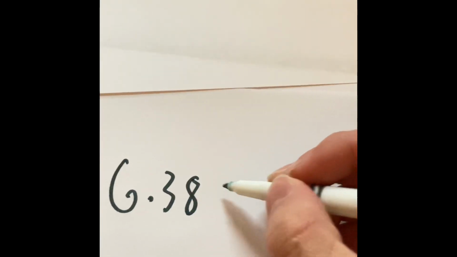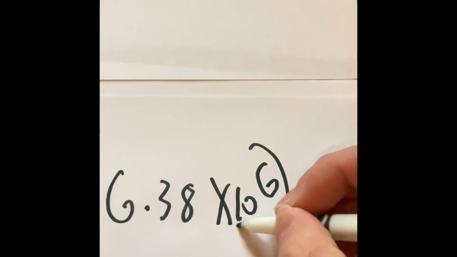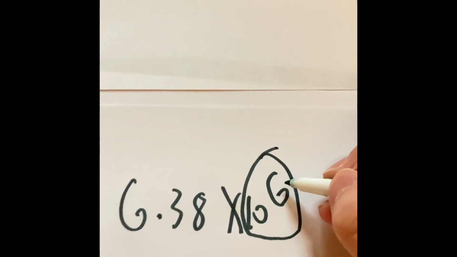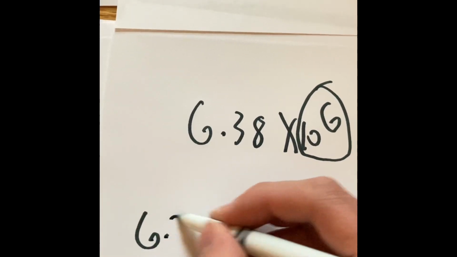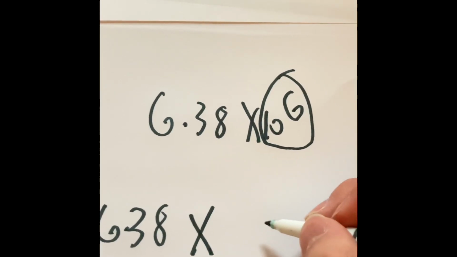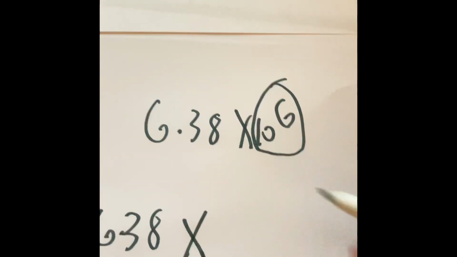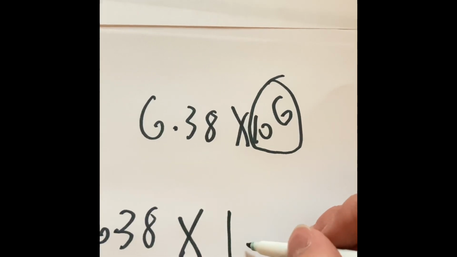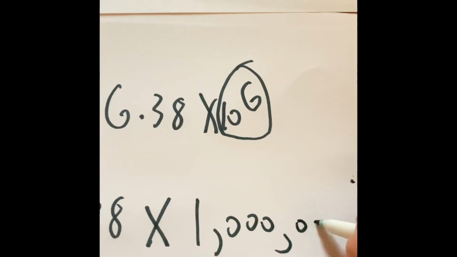So let's convert them to meters, since this is already in meters. 6.38 multiplied by 10 to the 6th power. We have to do the exponent first, because of order of operations. How many zeros is 10 to the 6th power? It's 1 million. 1, 2, 3, 1, 2, 3.